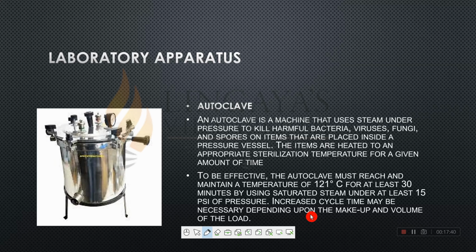It generally works at a temperature of 121 degrees Celsius for at least 30 minutes, using saturated steam at at least 15 psi of pressure. For sterilization of different items, different temperatures and different times are used. It is used for steam or moist heat sterilization.